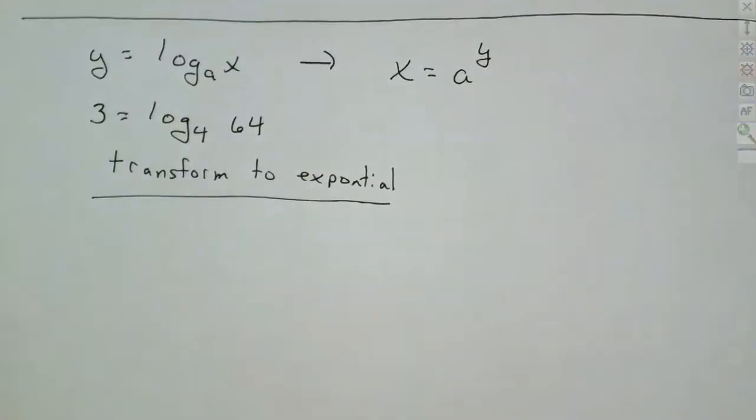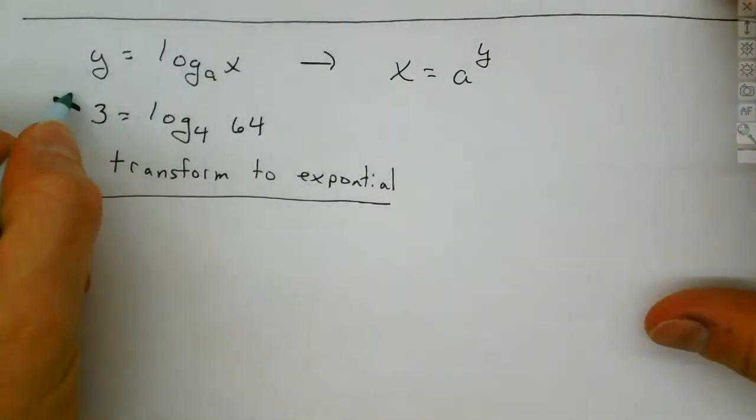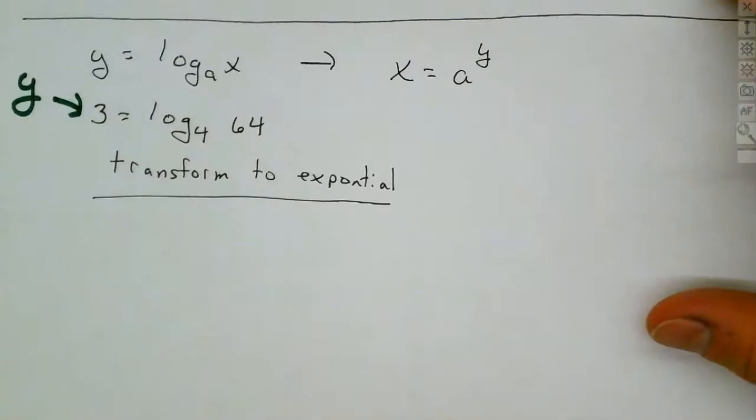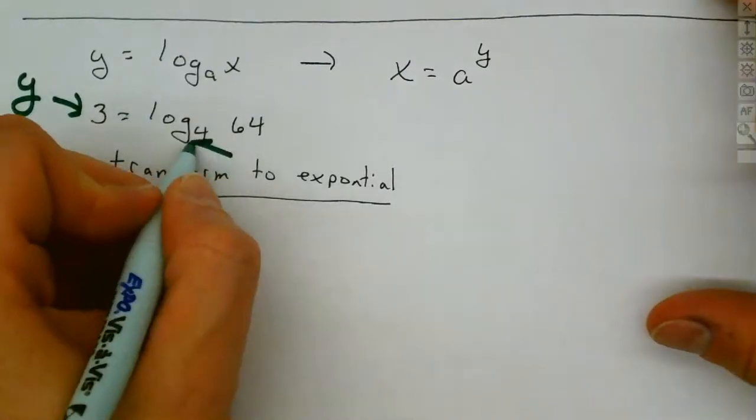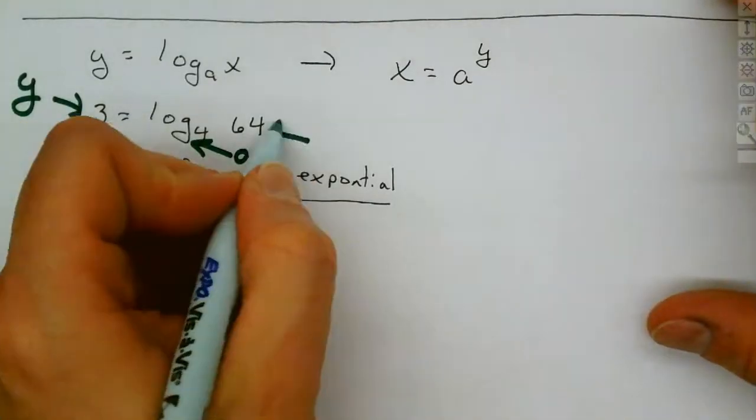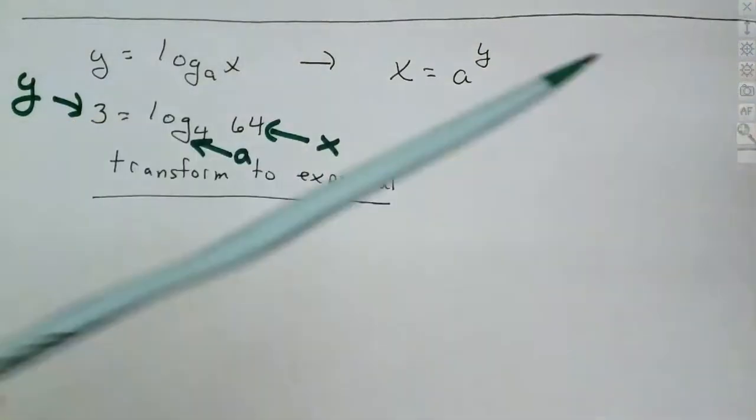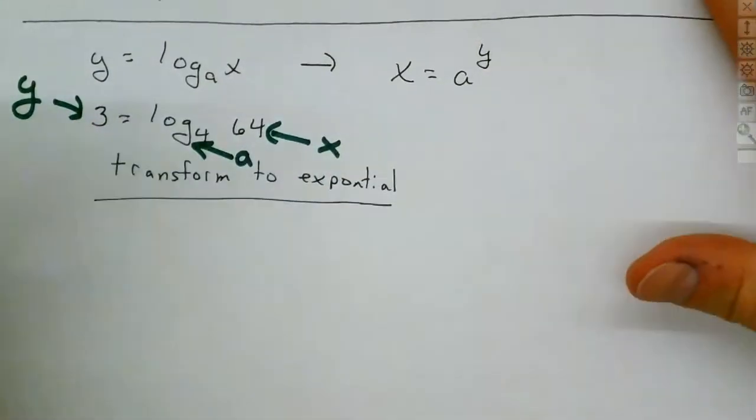What do we know about the pieces? When I go to transform it, that's going to be my y. This is the a, and that is the x. So when I transform it, what does it now look like?